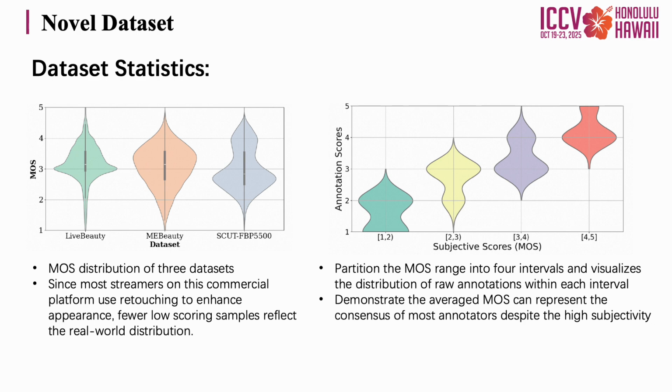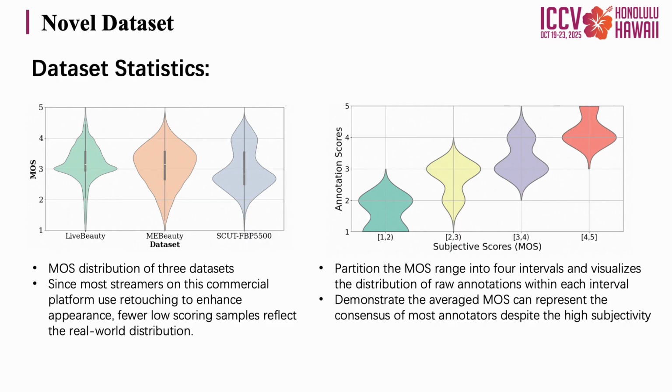The long tail of score distribution of Live Beauty arises from the annotation rules prioritizing retouch effects, such as facial imperfection or makeup. Since most streamers on this commercial platform use retouching to enhance appearance, fewer low-scoring samples reflect the real-world distribution.